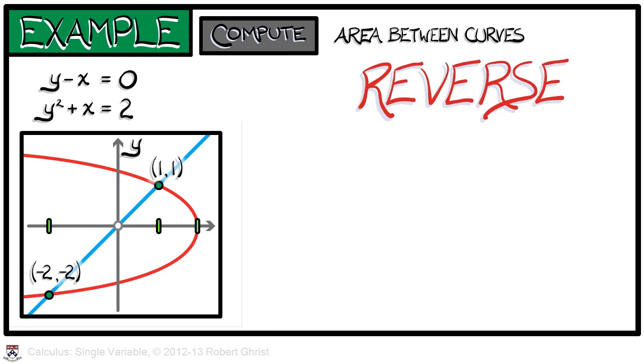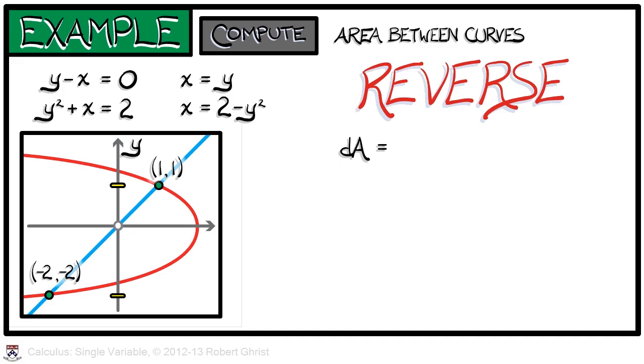We're going to reverse the direction of integration and integrate with respect to y instead of with respect to x. And so, solving for the x coordinates and sweeping out via a horizontal strip as our area element, we see there is a uniform area element, and it will reduce to a single integral.